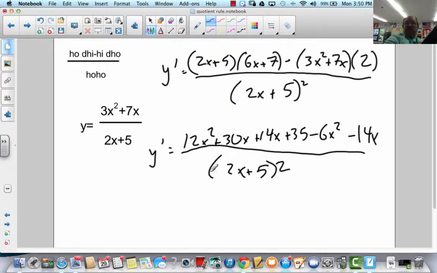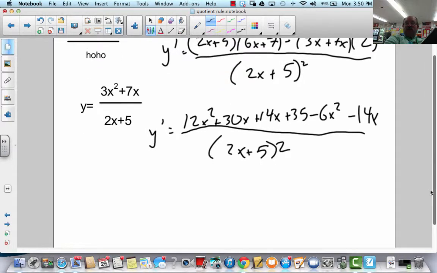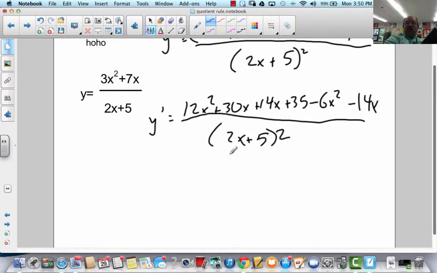Simplify the top. I'm going to leave this bottom because leaving the bottom in that form is going to be more helpful to us as we move along. If we want to find out when the denominator of my derivative is equal to 0, which should give us some indication when things aren't differentiable, it's easier to tell in this form. So we leave the denominator as it is.